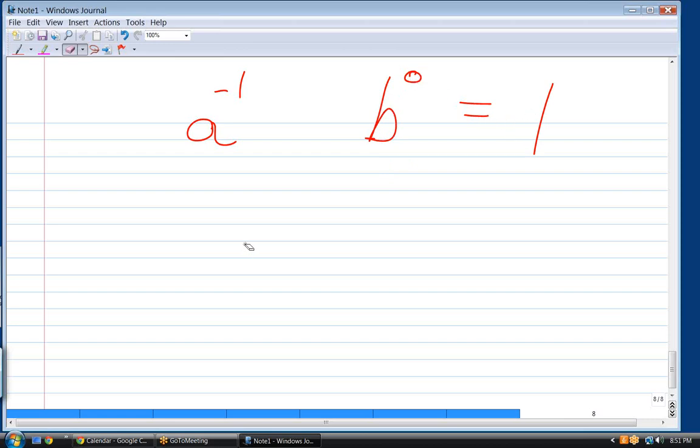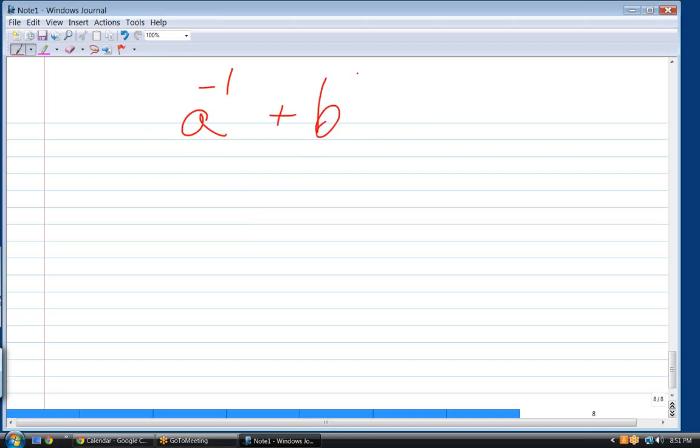A million to the 0th power is 1. A billion to the 0th power is 1. So that would just simplify to 1/3, right? Well, I wasn't sure. Was it a to the minus 1 plus b to the 0? Yes. So that was 1/3 plus 1, which simplifies to 4/3 or 1 1/3.